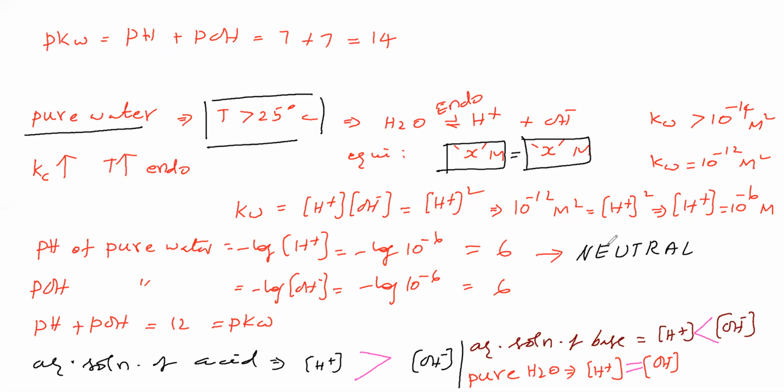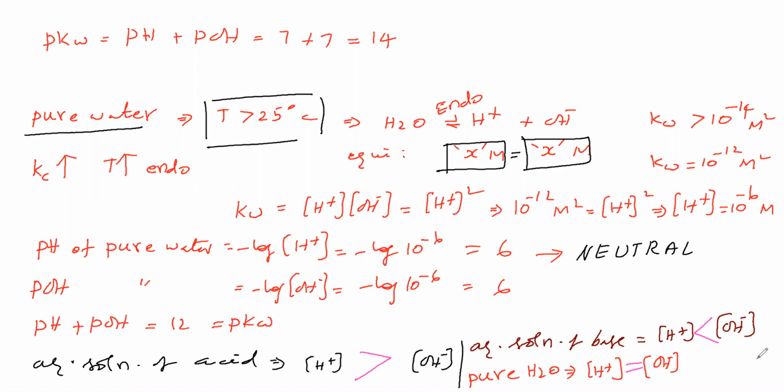So don't think that pH 7 is always neutral, pH less than 7 is acidic, and pH greater than 7 is basic. That is only when the temperature is 25 degrees Celsius.